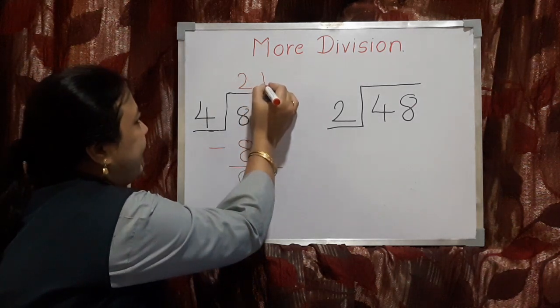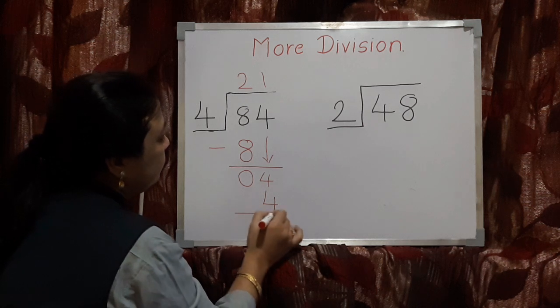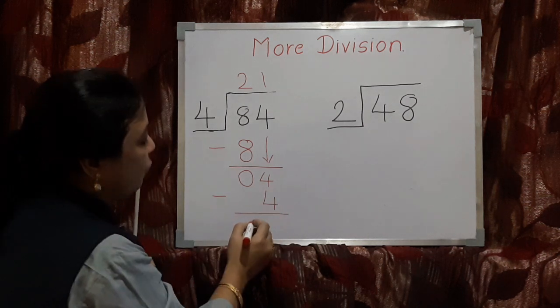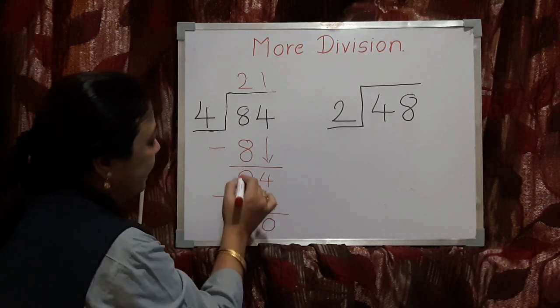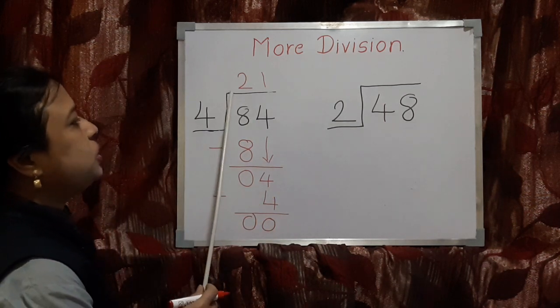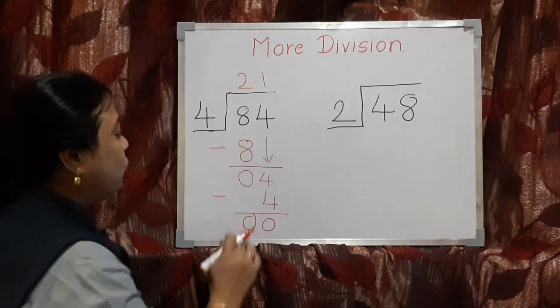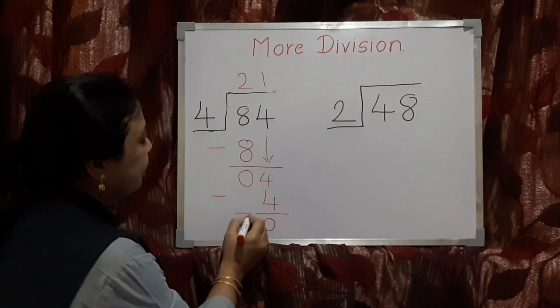So here we will write down 4 ones are 4. 4 minus 4 is 0 and 0 minus 0 is also 0. So here our quotient, the answer, is 21, the remainder is 0 over here, right?